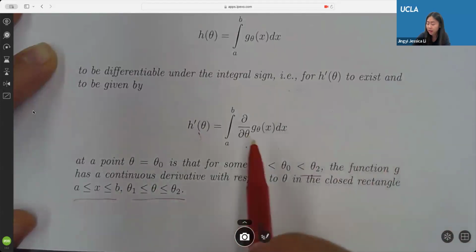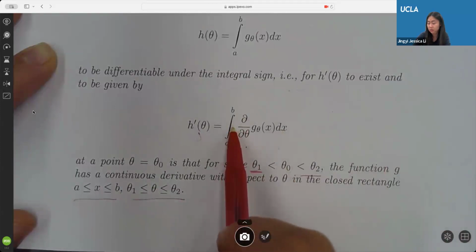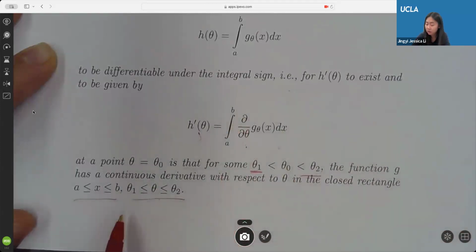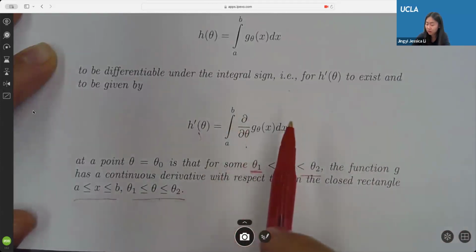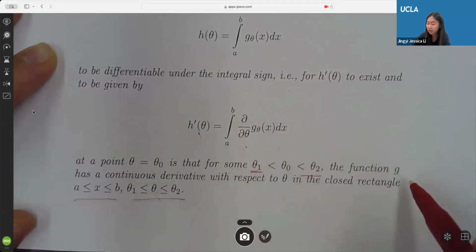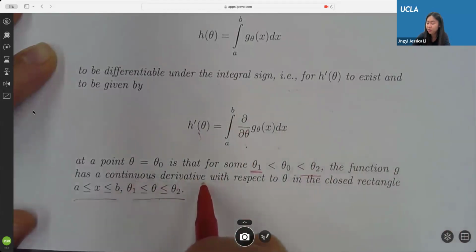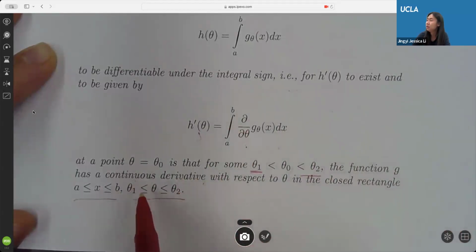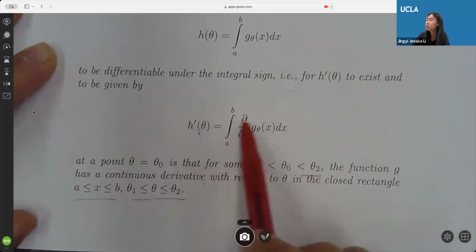So x from a to b is in the integral already, and for theta you get a lower bound and upper bound, an interval, and you say that g has a continuous derivative on this interval. So again, it's about continuity. If you have that, then you can exchange the two things.